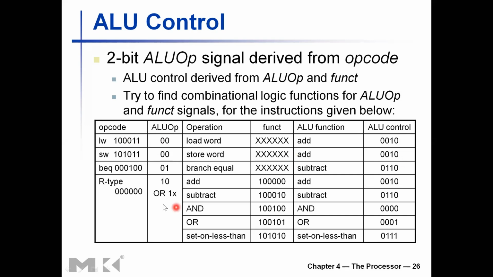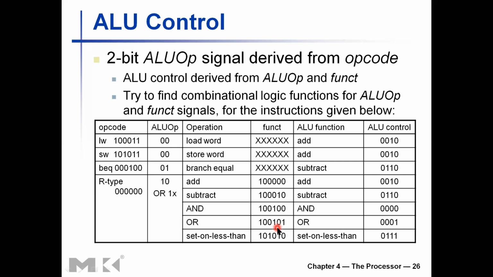Only R-type instructions will need the funct field, and that is designed for a specific purpose, because that's a design trade-off between having a large number of immediate bits in the instruction to have large immediate values, as well as having as many instructions as possible. Because of that, the funct field is separate for R-type instructions, and because of that, we are generating the ALU op signal first and then generating the ALU control signal.